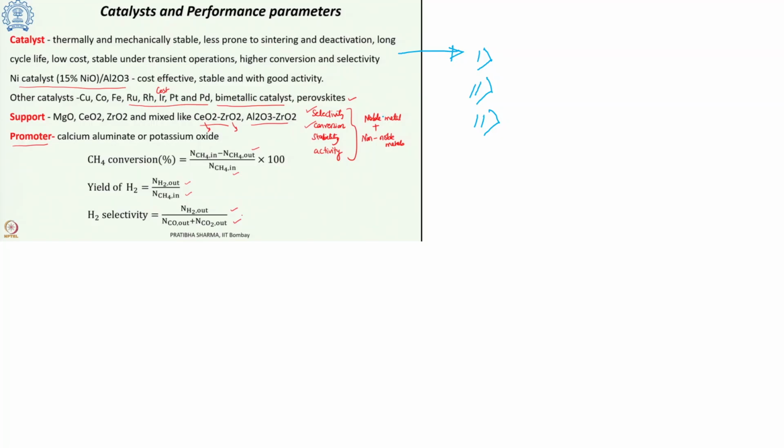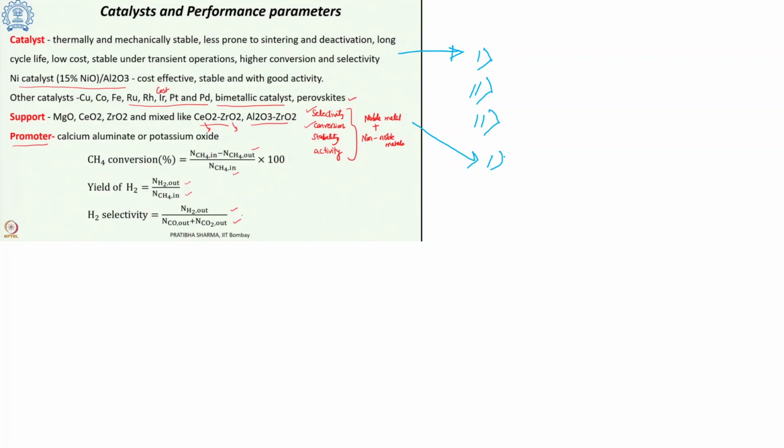Why do we use the support? What is the function of the support? Anyone of you? To not allow carbon deposition. Exactly. Actually, the support is designed in such a way that if we use a basic support, meaning alkaline support, the alkaline is less prone to carbon deposition.